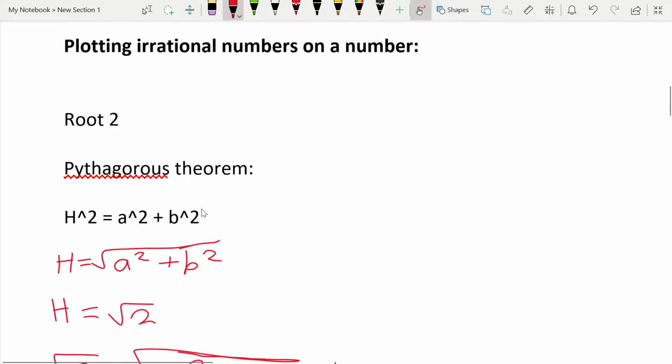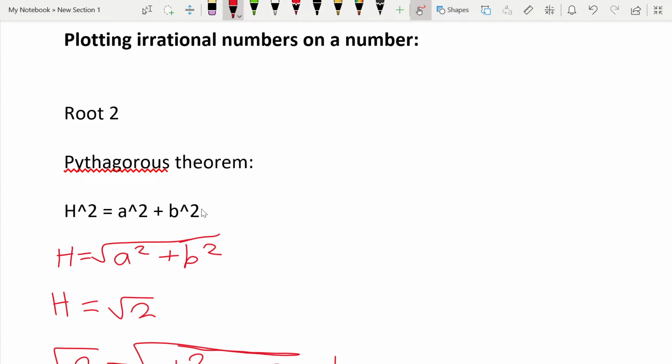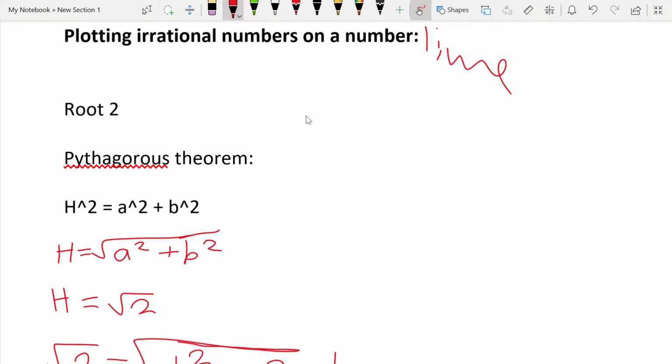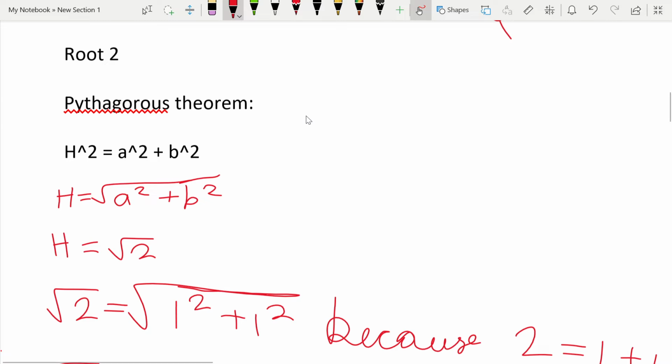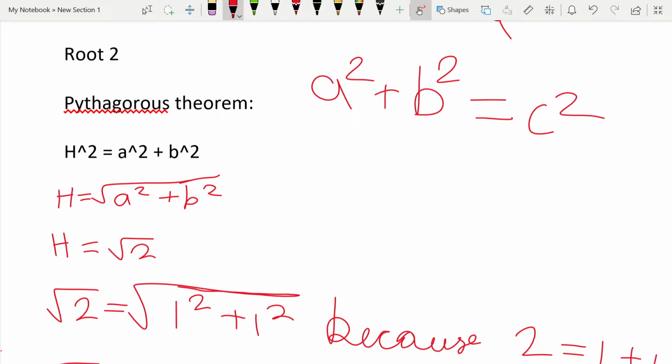Now, plotting irrational numbers on a number line. How do we plot irrational numbers on a number line? Take under root 2. How do we plot that? For roots, we use the Pythagoras theorem. Let me show you how. You know that a square plus b square is equal to c square, meaning if you draw a right angle triangle, a square plus b square is equal to c square.